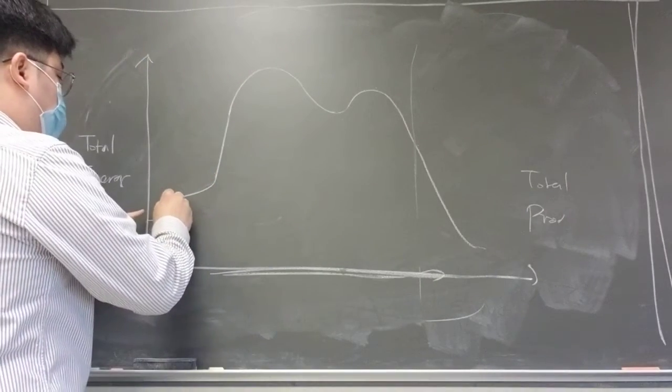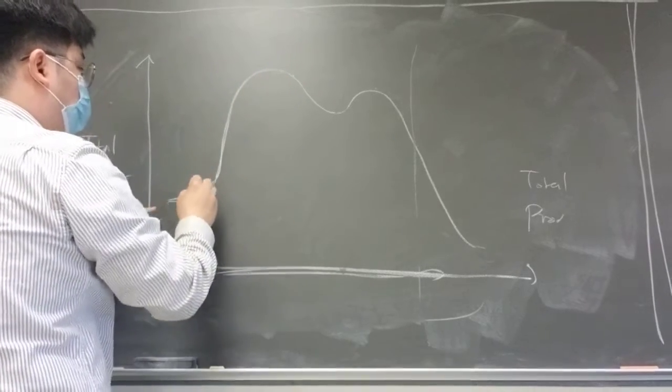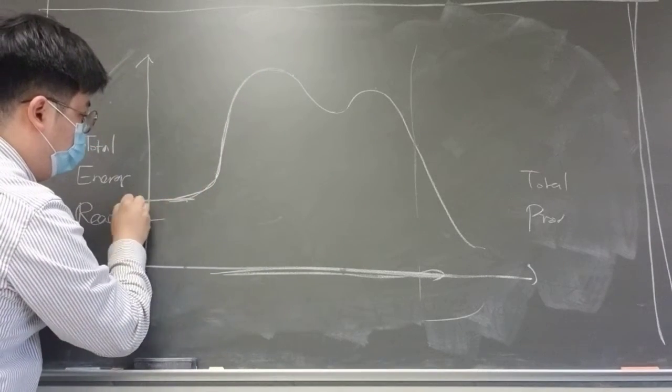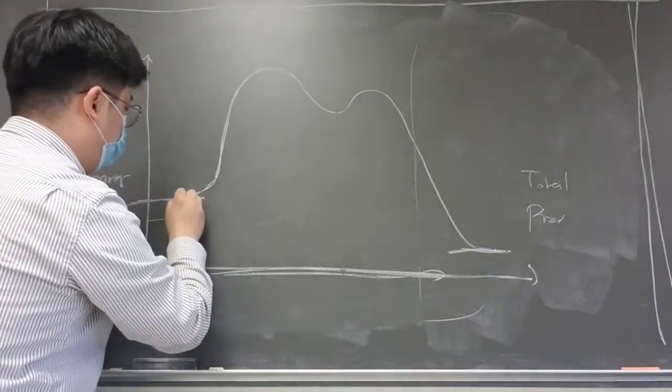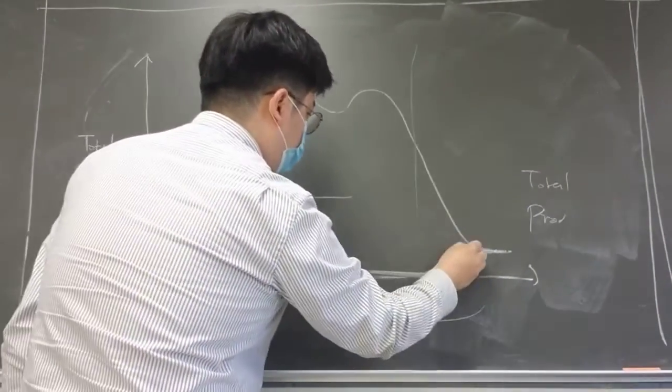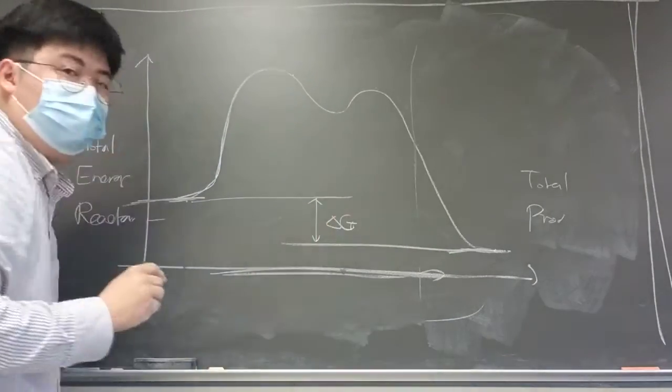So whenever you do this one, once again, I'm gonna take this one first. Actually, this one is stated in the textbook, but the gap between these two is what we discussed, delta G over here.